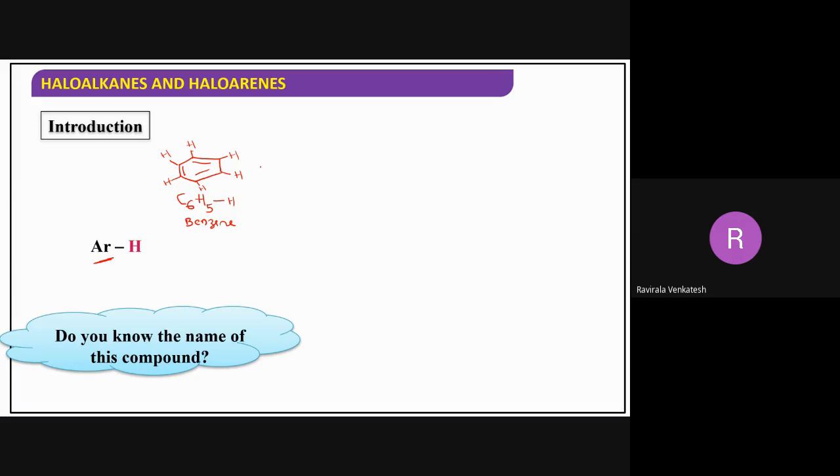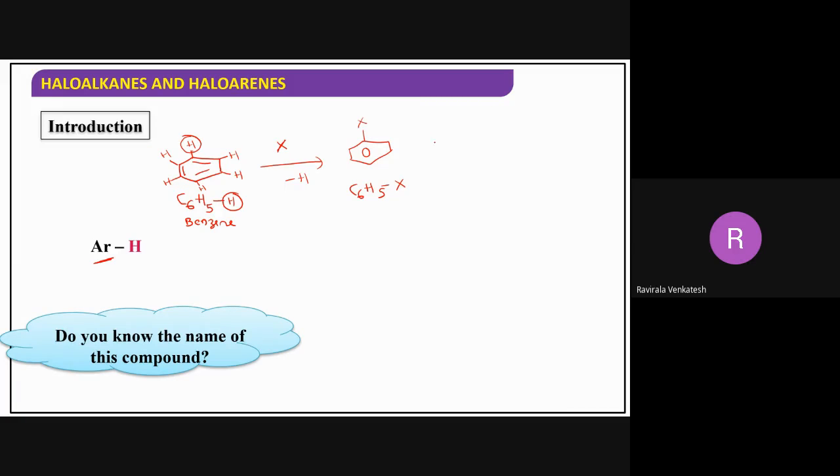Same thing here: removing the hydrogen and replacing it with X, isn't it? Now what are we going to get here? Like this. You can put three pi bonds, or you can draw the ring; both are the same. C6H5-X.